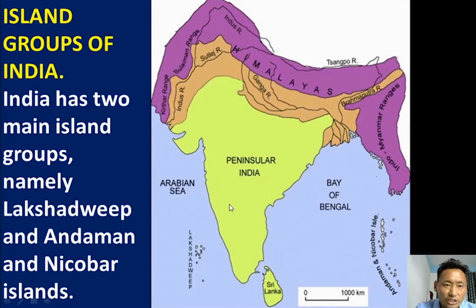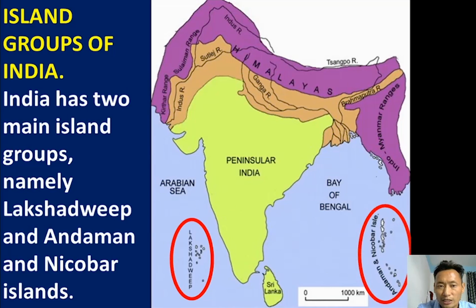Island groups of India. India has two main island groups. They are the Lakshadweep Island group and the Andaman and Nicobar Island group. So these are the two main island groups of India.